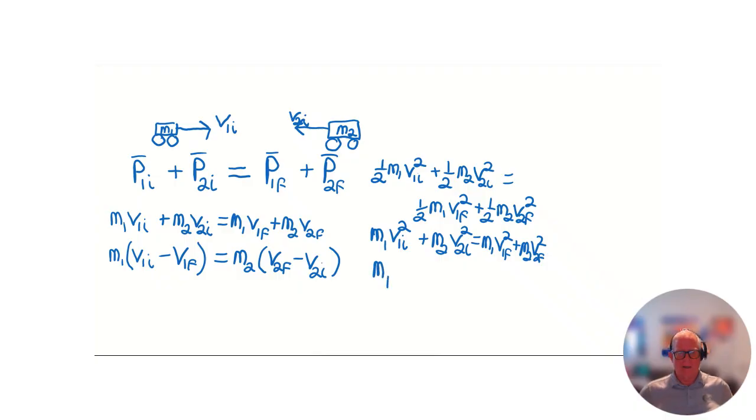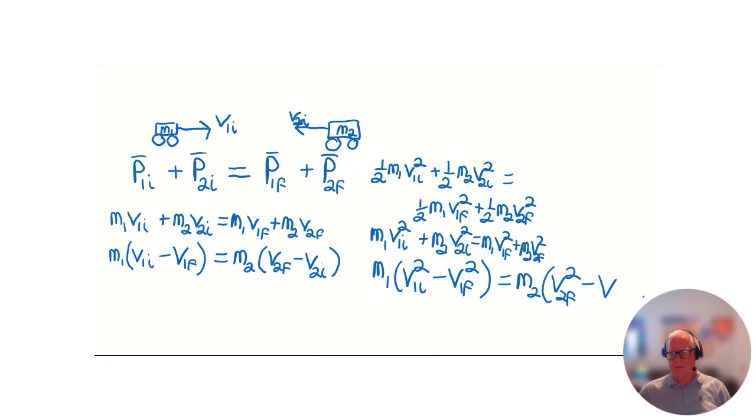So same idea, M1 times quantity V1 initial squared minus V1 final squared, I should say, is equal to M2 times V2 final squared minus V2 initial squared.